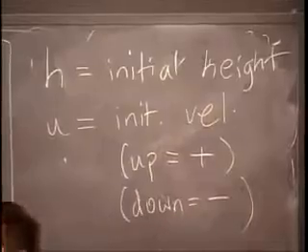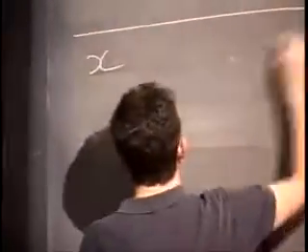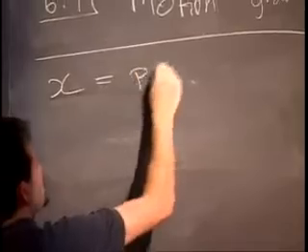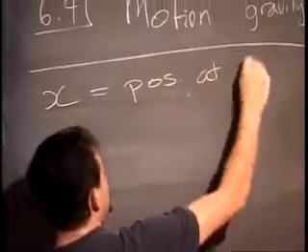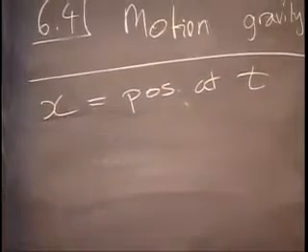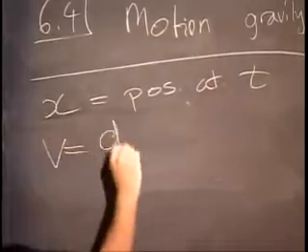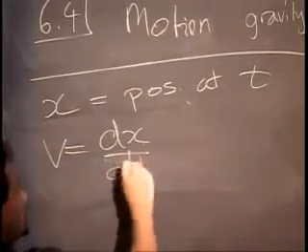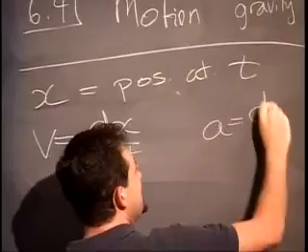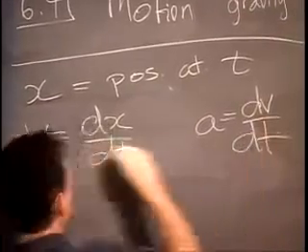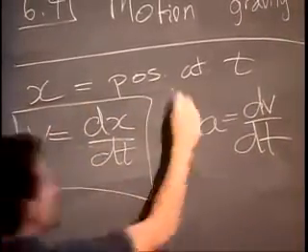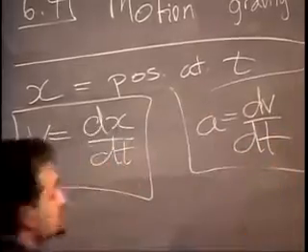This doesn't cover every example, but basically the only other thing I can tell you about velocities in general is that if x is the position at time t, then the velocity v is dx/dt, and the acceleration is dv/dt. So those two formulas are true in general, not just in that particular case.